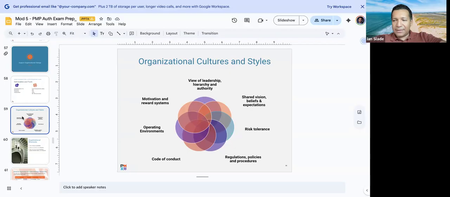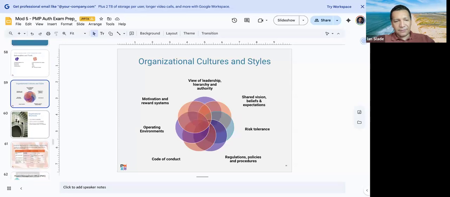Like everyone here in this class is an example of UCLA's commitment to professional learning. So I think we're pretty good in terms of the organizational culture and styles, but this is continuous process improvement. There are always things that we can do to improve on these different areas.